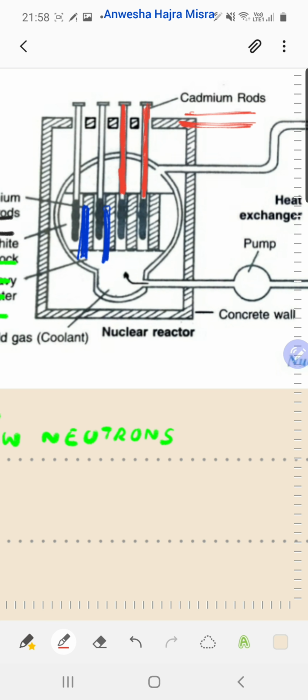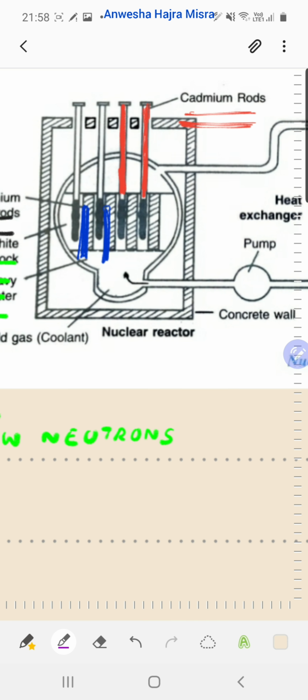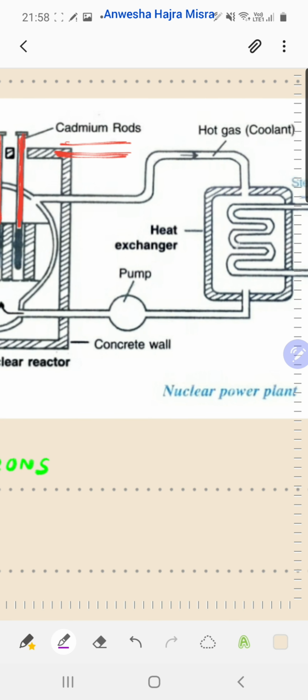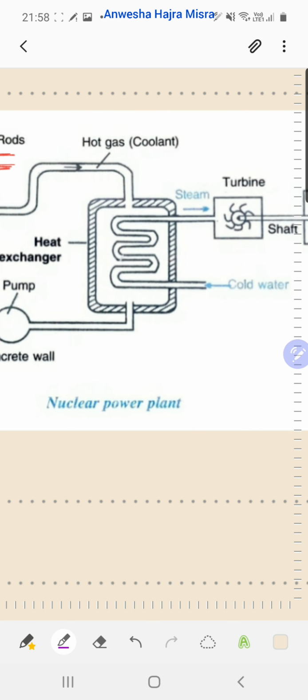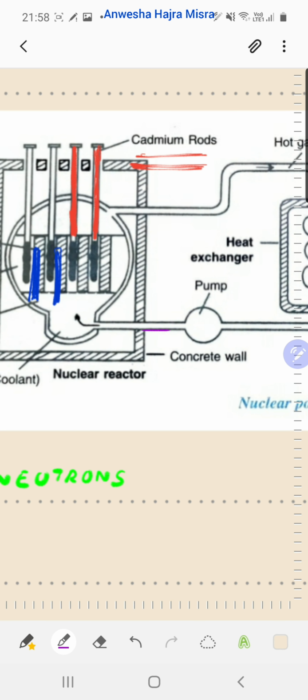Now, what about the heat generated? Here you see cold gas comes in, gets heated and comes out from here.